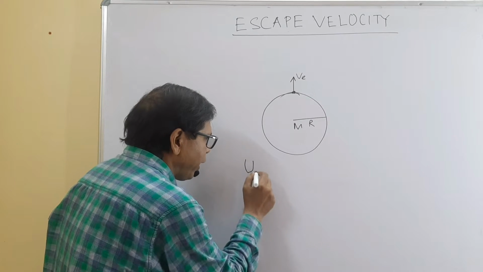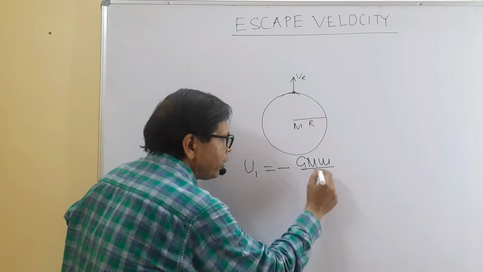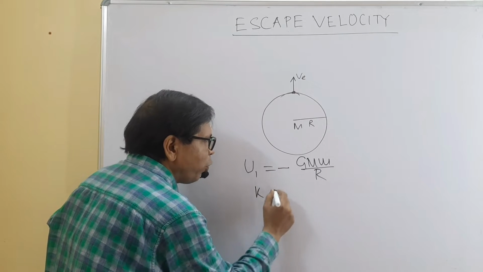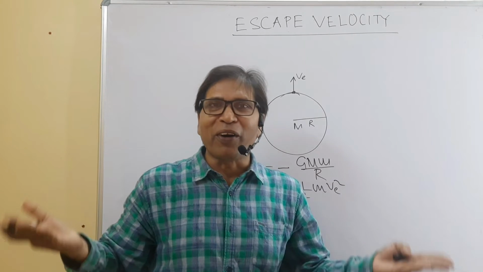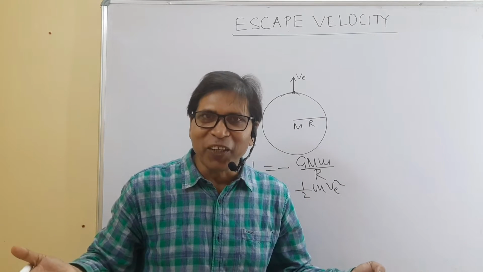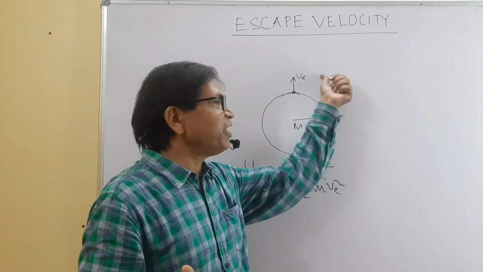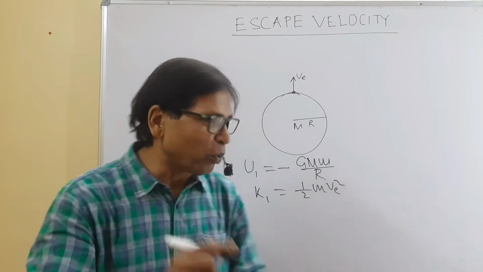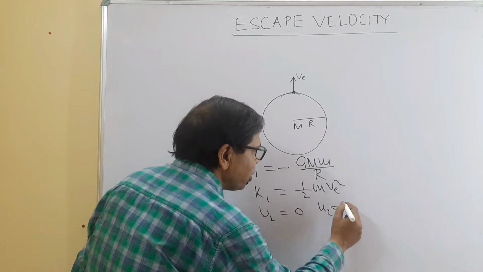The potential energy on the Earth's surface is minus GMm by R, and the kinetic energy K1 is half m v square. What is the potential at infinity? 0. Kinetic energy is also 0 because v is the minimum velocity of projection. So U2 equals 0, K2 equals 0.